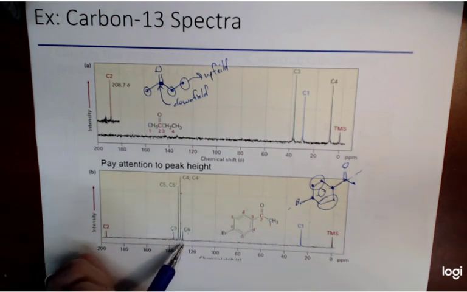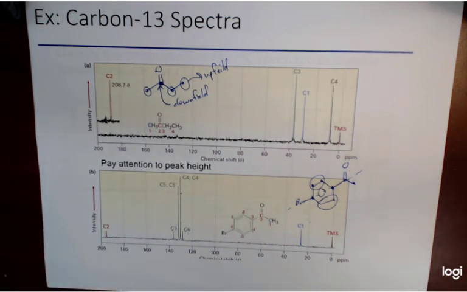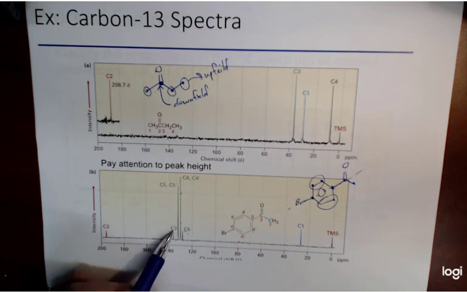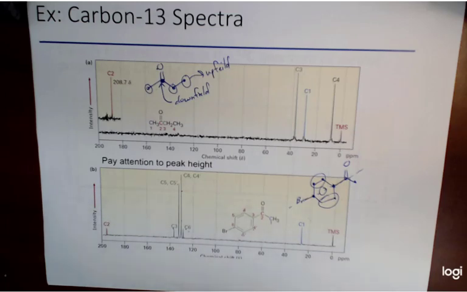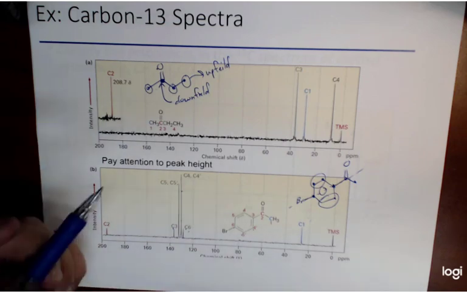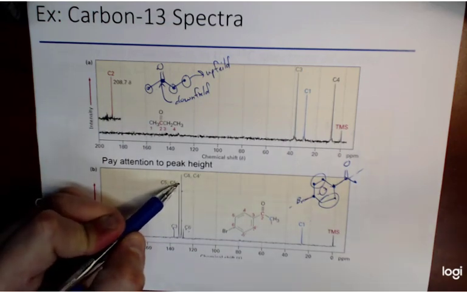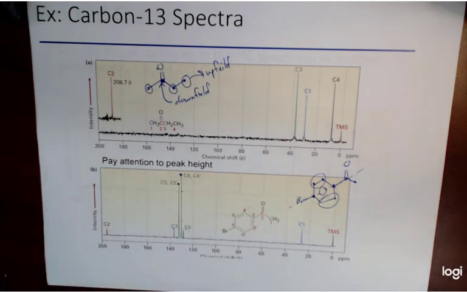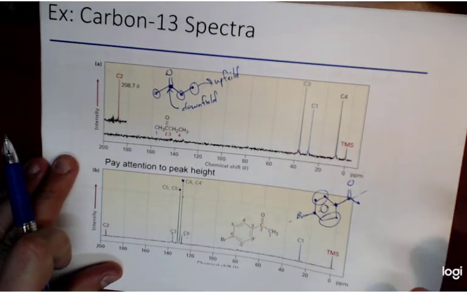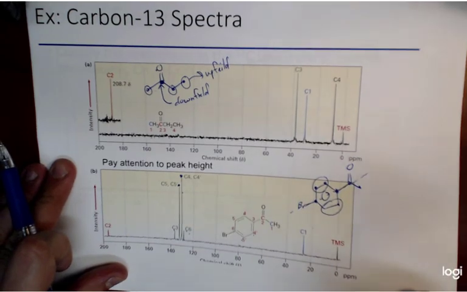So the peak height can also tell you, especially when you see drastic differences like C3 compared to C5, that's a huge difference. It can't tell you very well, but it can give you an idea that there are more of these types of carbons than there are the other 4 types. So peak height can give you that type of information.